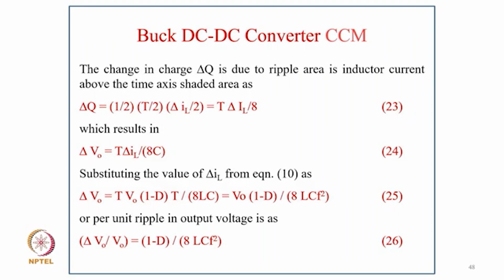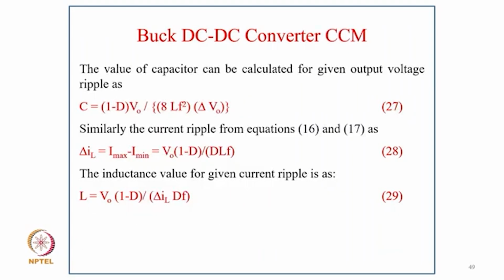In per unit, ripple in the output voltage delta V upon V0 equal to (1 minus D) divided by 8LC F square. So the value of capacitor can be calculated for given output ripple voltage: C equal to (1 minus D) V0 divided by 8 L F square into delta V0.